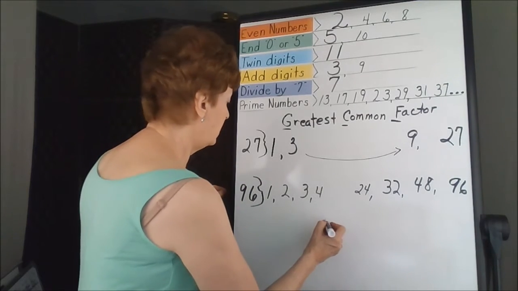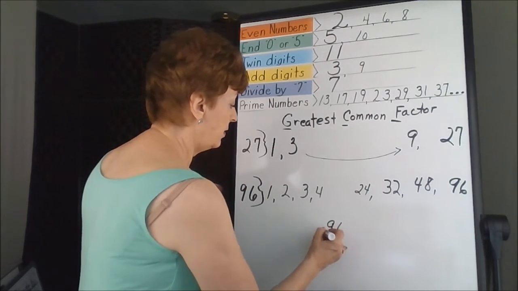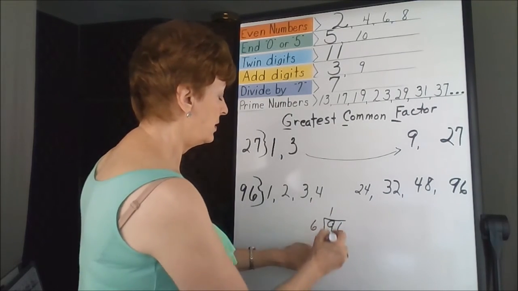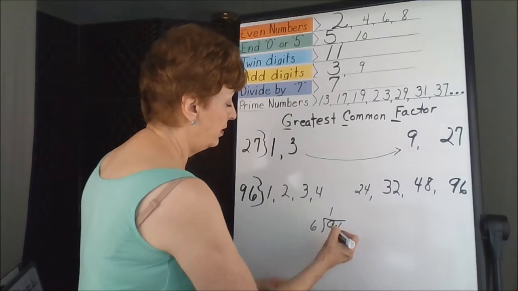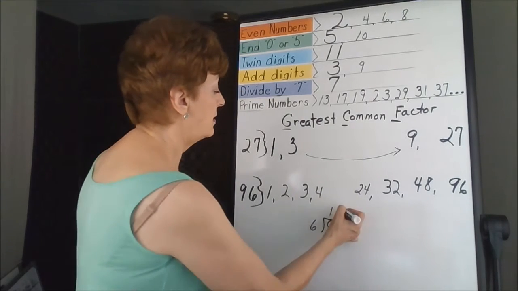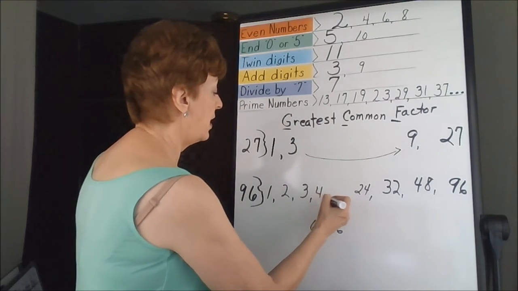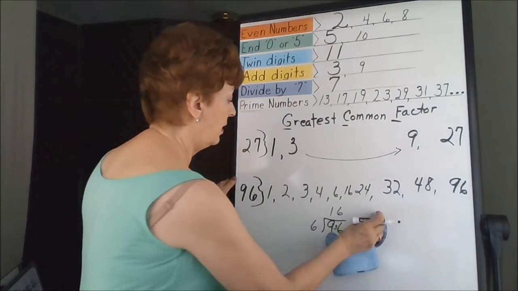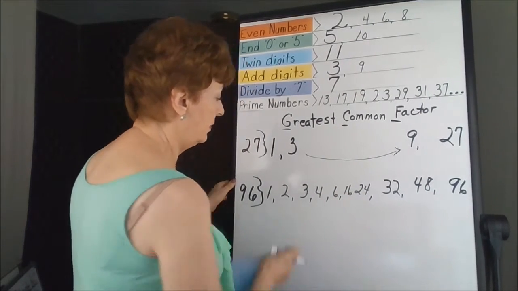How about 6? It might also. 6 divides into 9 once, with 3 left over. 6 goes into 36 6 times. So our next factors are 6 and 16.